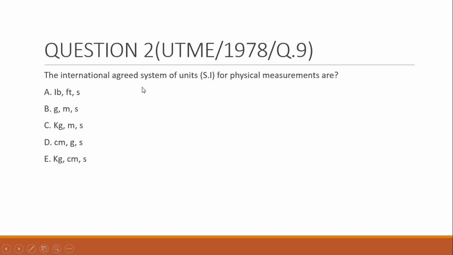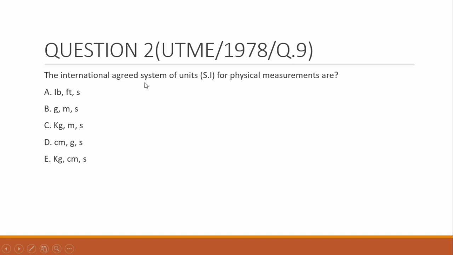Question number 2. The internationally agreed system of units for physical measurement are: FPS, GMS, KGMS, SCMGS, KGCMS. Which one is the best answer?